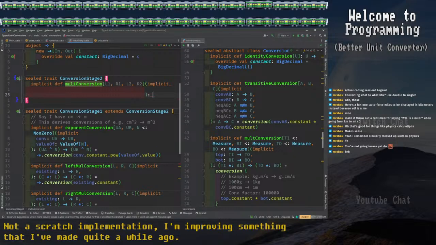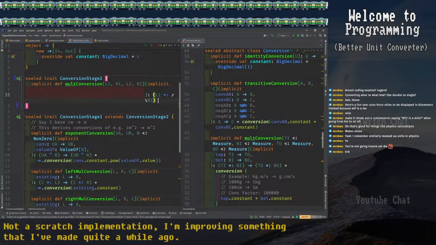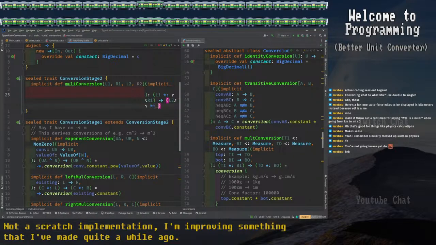So now we are making L1, R1, convert that to L2 multiplied by R2. Right, and now we need to do that. Nope. No? Really?